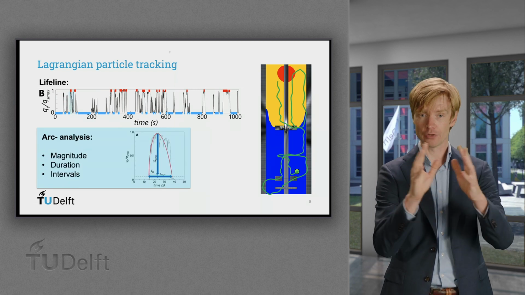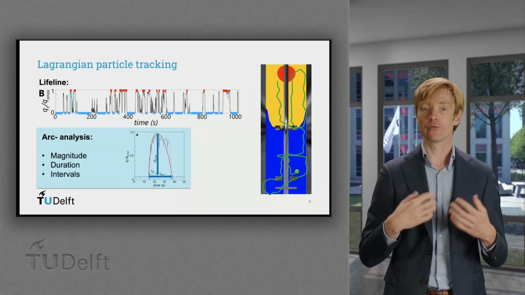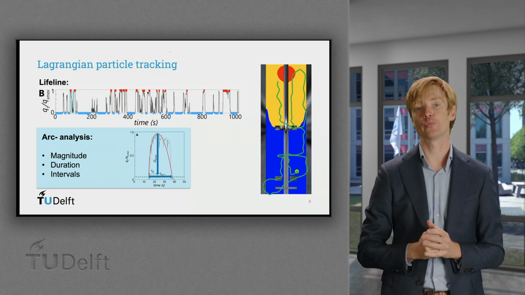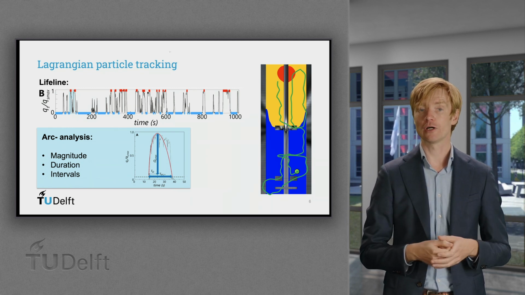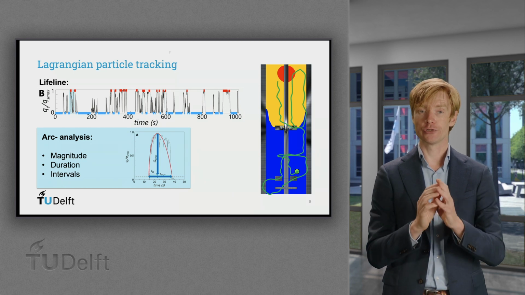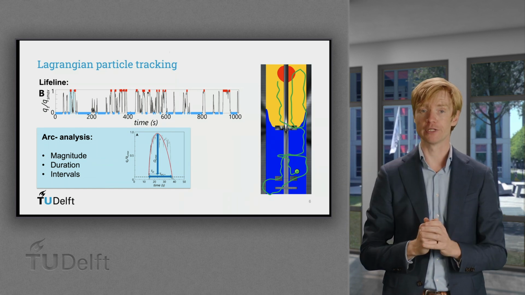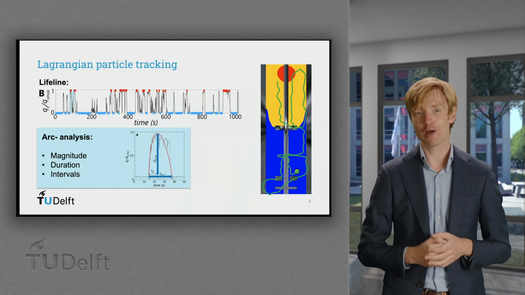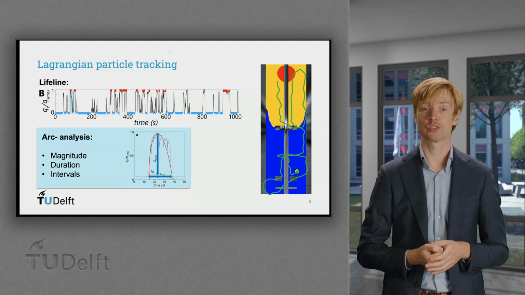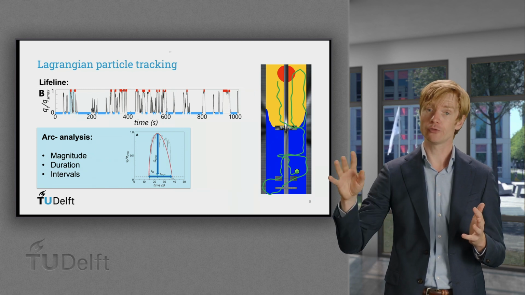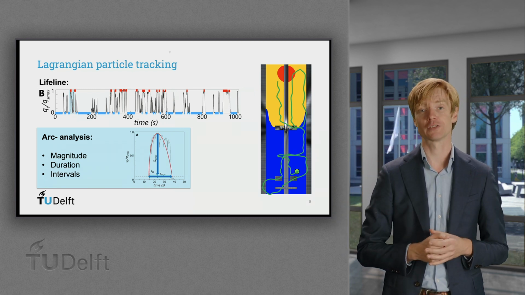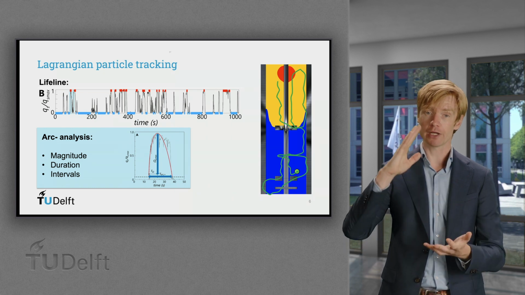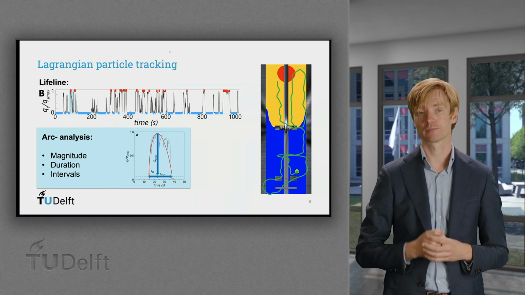If we zoom in on each of these lifelines, we can recognize long periods of starvation alternating with arc-shaped peaks. And in what we called arc analysis, we measure the duration and the magnitude of these peaks, as well as the intervals between them. This information can be used to design a scale-down system based on variations in the feed rate using our CFD analysis. We can provide information on the duration and the magnitudes that should be imposed.